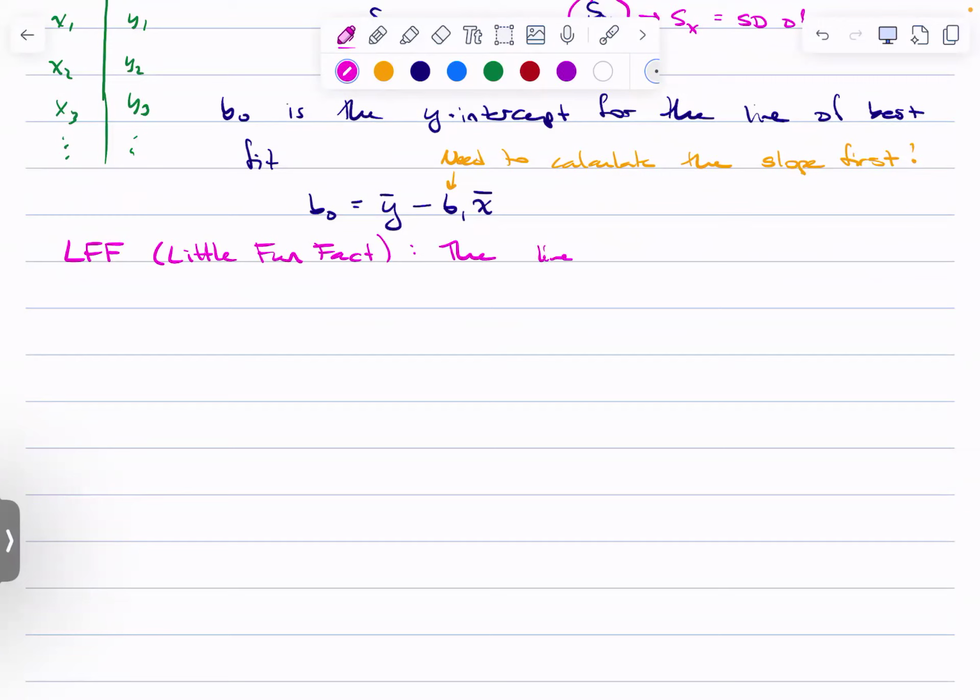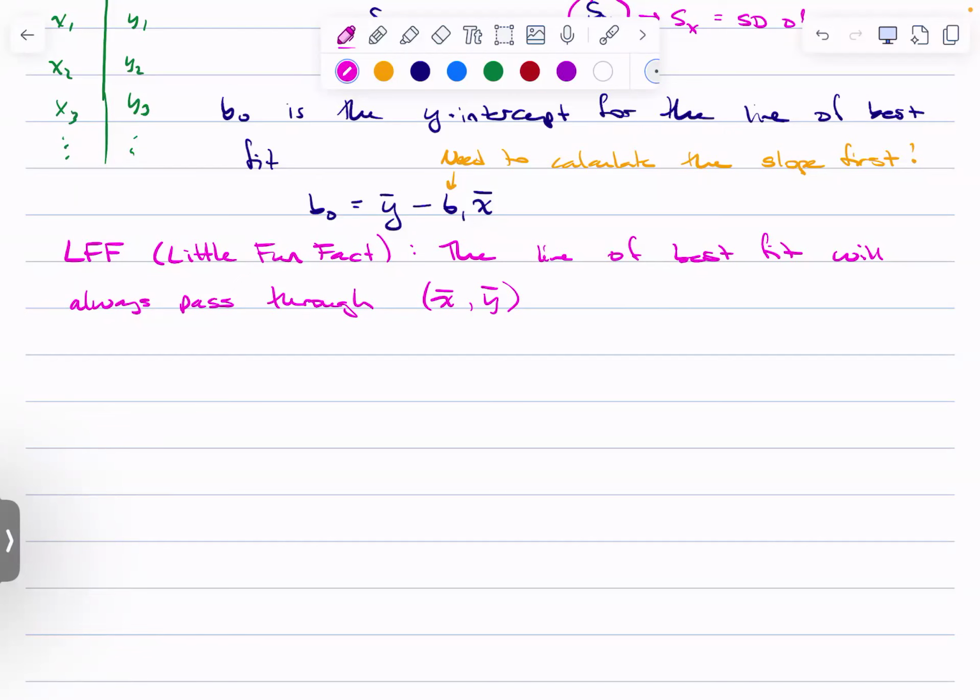The line of best fit will always pass through X bar, Y bar. The average of your X's and the average of your Y's, right? That'll make a point, and your line of best fit will always go through that point.